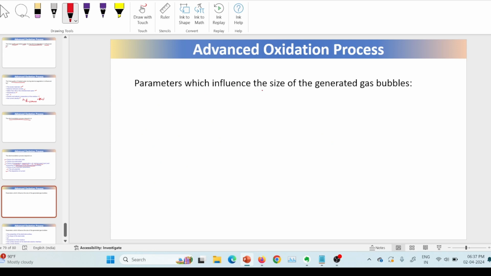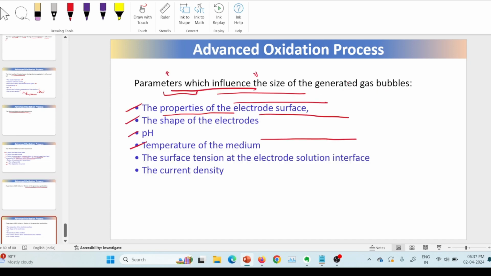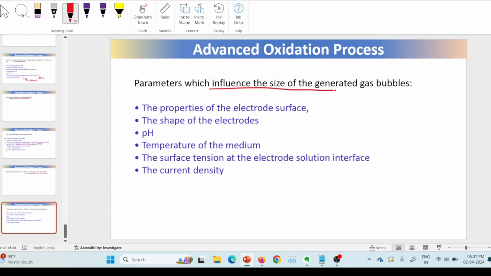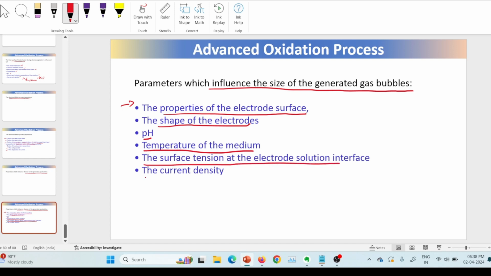Parameters which influence the size of generated gas bubbles are the size and properties of the electrode surface, the shape of the electrodes, pH, temperature of the medium, the surface tension of the electrode solution interface, and the current density.